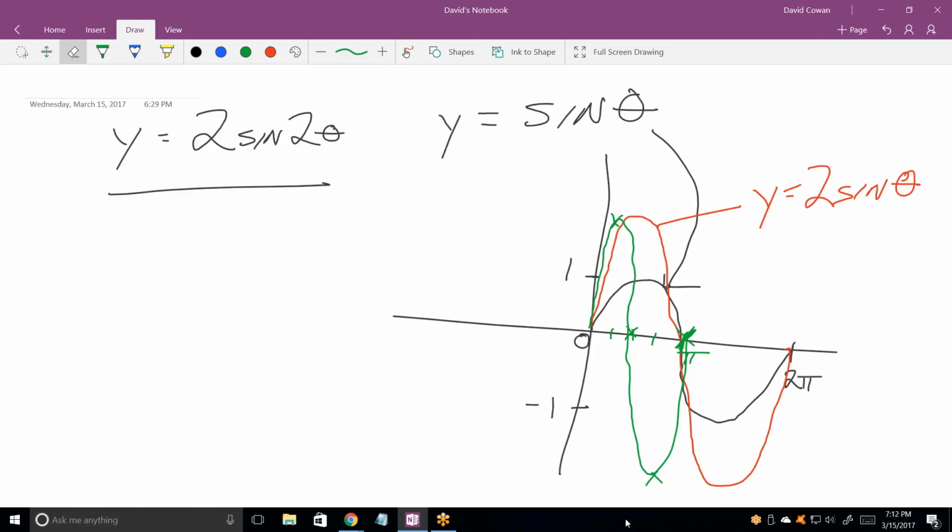There are 6 different things you can do to it. You can reflect it over either axis. You can vertically stretch it. You can horizontally stretch it. You can vertically shift it, or you can horizontally shift it. That's the only 6 things you can do to a sinusoid function. And all of those are the same 6 transformations that you could do to an algebraic expression.